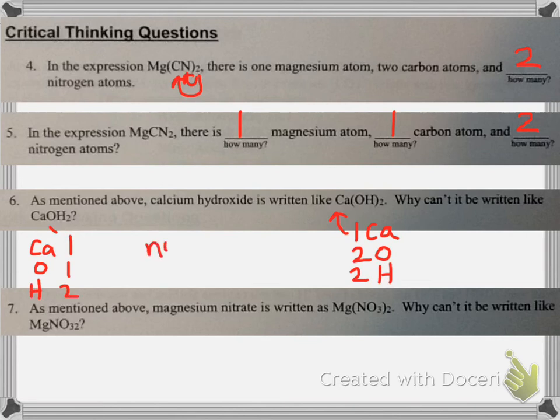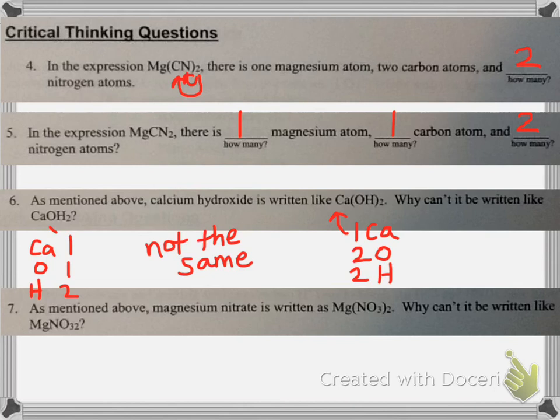These are not the same. There's not the same number of atoms, and so you can't write the formula this way. There needs to be 2 hydroxide ions, OH negative 1, and not merely 2 hydrogens.